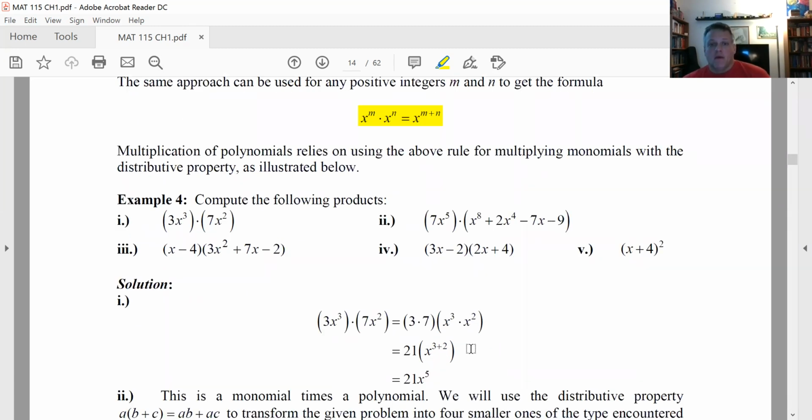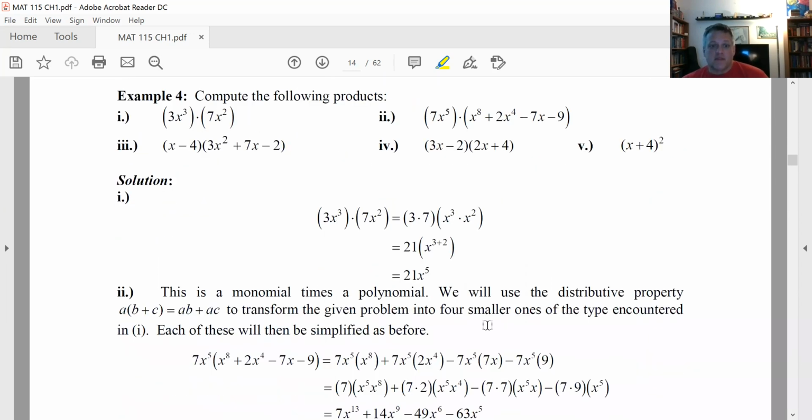For number 2, notice you have a monomial, a single term with a single variable part times a constant, times a sum or difference of a bunch of terms. We know by the distributive property, you just have to multiply every one of these terms by this guy out in front. And so to simplify, that's exactly the first step. I'm literally going to show you that I'm multiplying every term inside that parentheses by that 7x to the 6th.